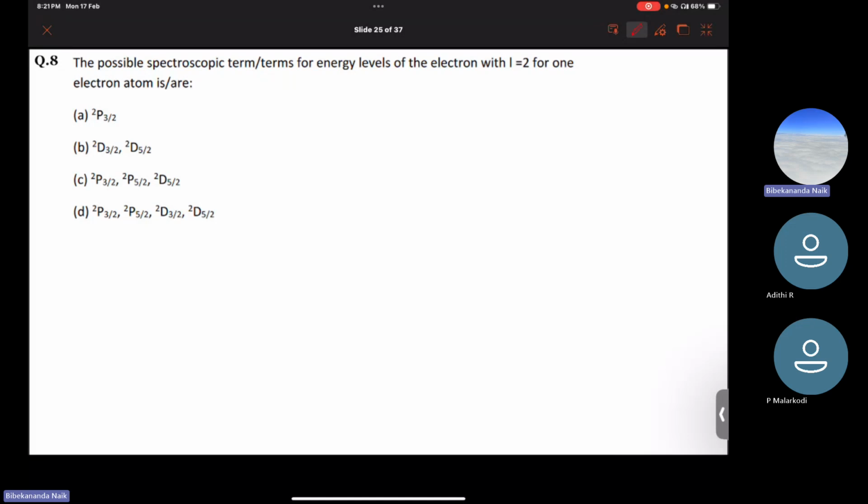Question number 8 says, the possible spectroscopic term or terms for energy levels of the electron with L equal to 2 for a one electron atom is or are.